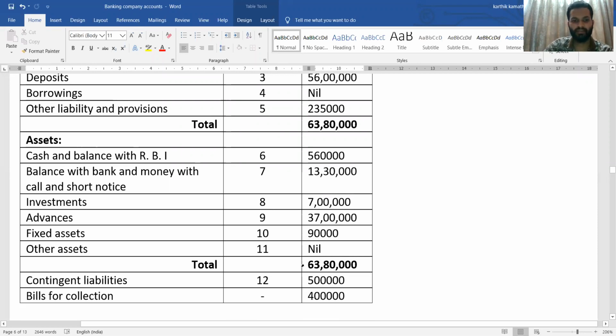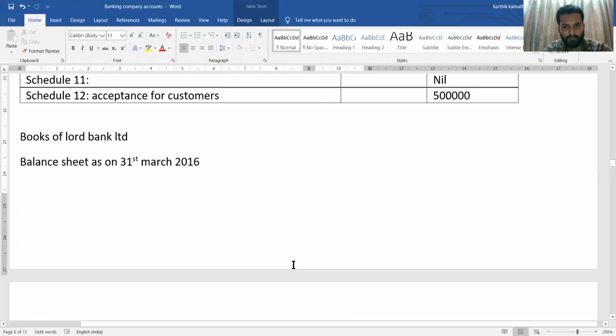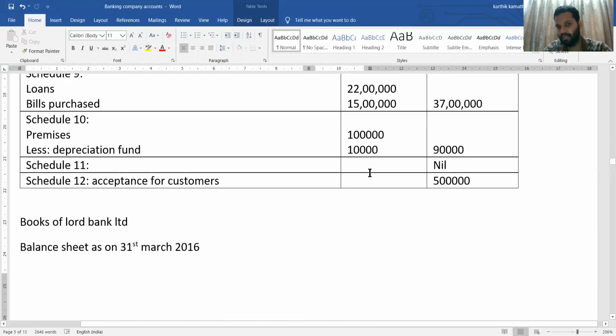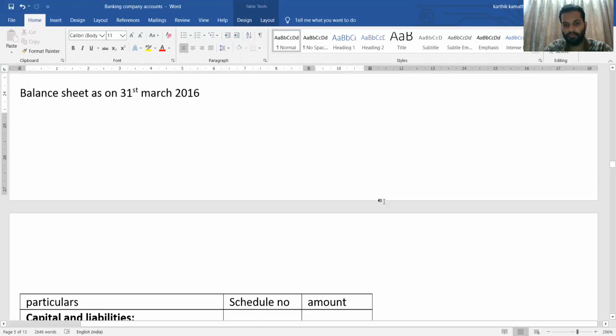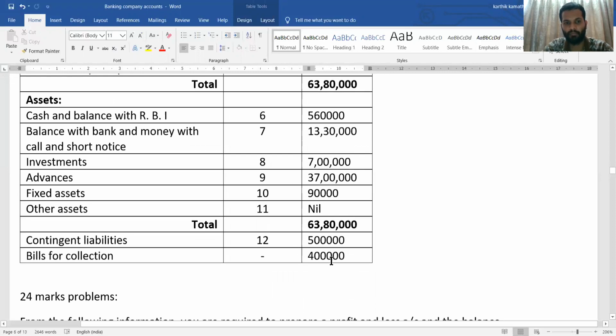Then after that, contingent liability. Contingent liability is shown separately. That is schedule number 12, 5 lakh. What is that 5 lakh? Acceptance for customer, shown separately, schedule number 12. And for bills for collection, there is no schedule.